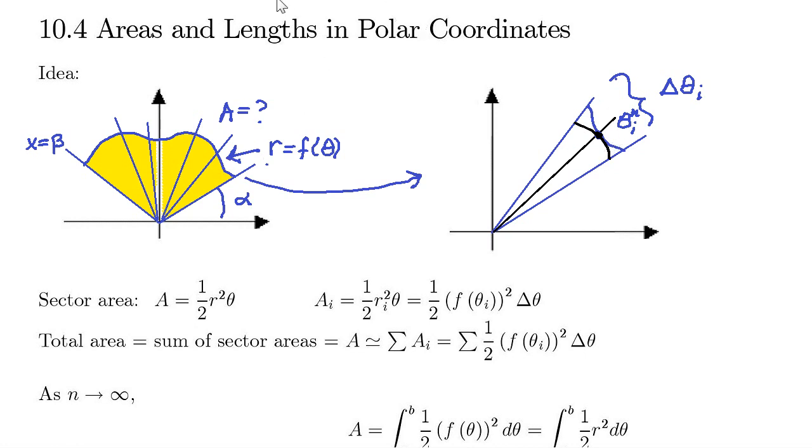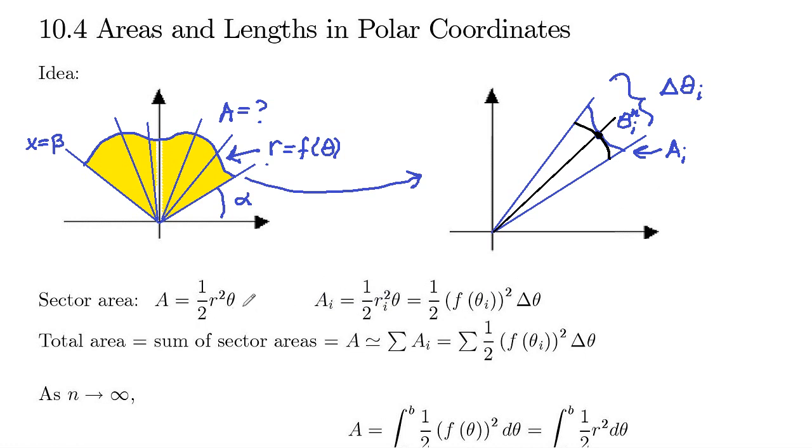So the area of this slice of pie is approximately equal to the sector area right here. Here is the actual area, let me put that in blue. Your actual area is A sub i, the ith sector, and we're going to approximate A sub i with 1/2 times r sub i squared times delta theta.